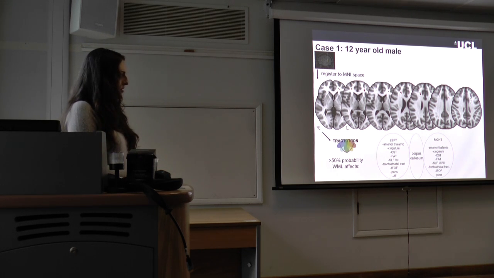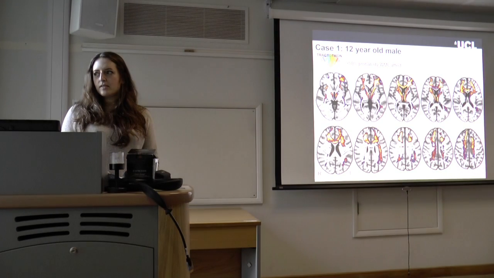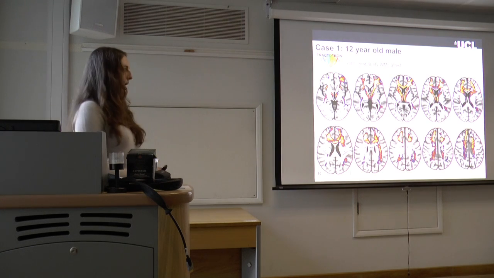Anterior thalamic radiations, the cingulum, corticospinal tract, the frontal aslant tracts, perilongitudinal fasciculus 1 and 3, frontostriatal, inferior fronto-occipital fasciculus, pons, anterior fasciculus, corpus callosum, and then most of them also on the right side. What Tractotron also gives us are these probability of disconnection maps.